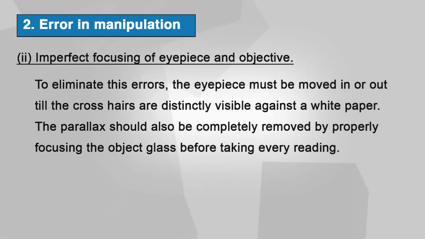To eliminate these errors, the eyepiece must be moved in or out till the crosshairs are distinctly visible against a white paper. The parallax should also be completely removed by properly focusing the object glass before taking every reading.